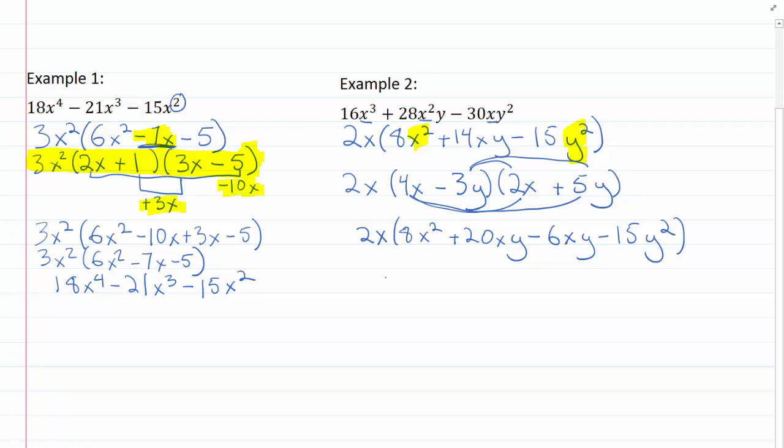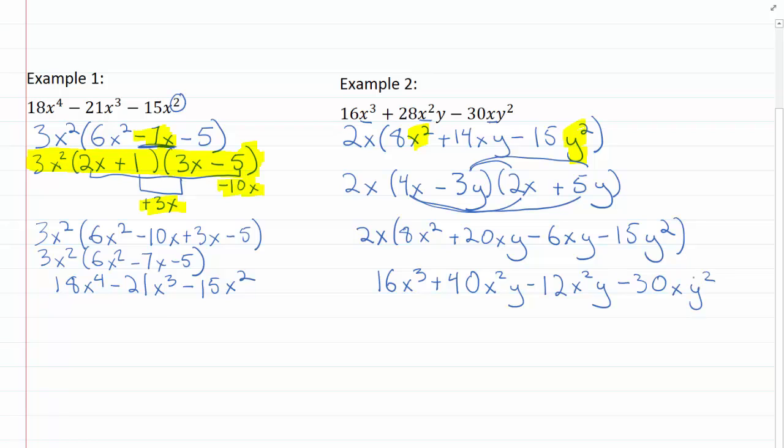So to get to the original, we're going to have to distribute this all the way back through. So that will give us 16x to the third plus 40x squared y plus, that's negative 12x squared y minus 30xy squared.